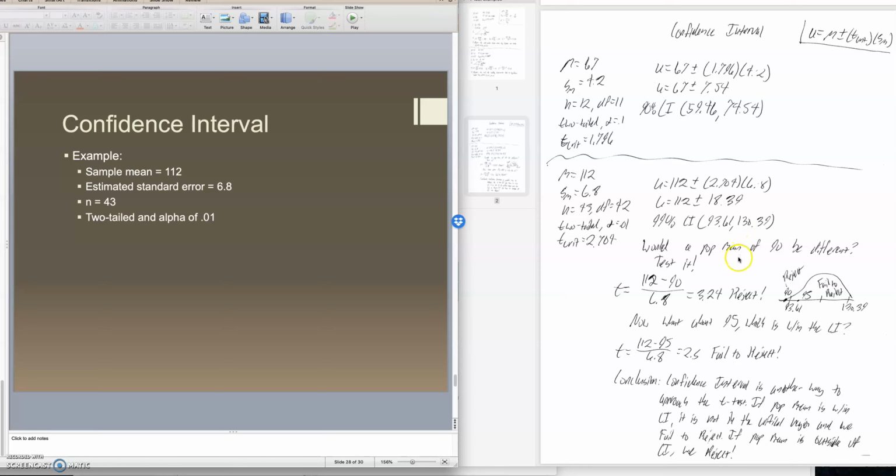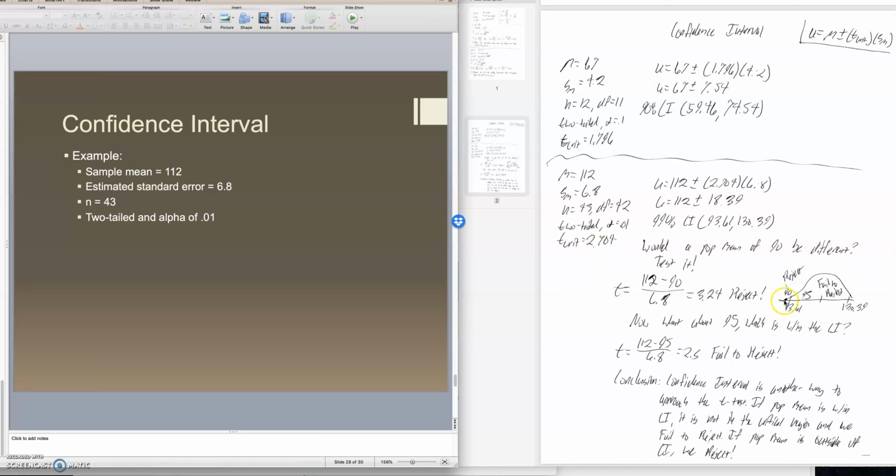Okay? So we can compare values that we would have compared with a t-test the same way. So we can ask questions like, would a population mean of 90 be significantly different? We can test it using the t-test. We do 112, our sample mean, minus 90, our population mean, over same estimated standard error, we get 3.24. 3.24 is beyond that t critical, if we're thinking back to the t-test, of 2.7.